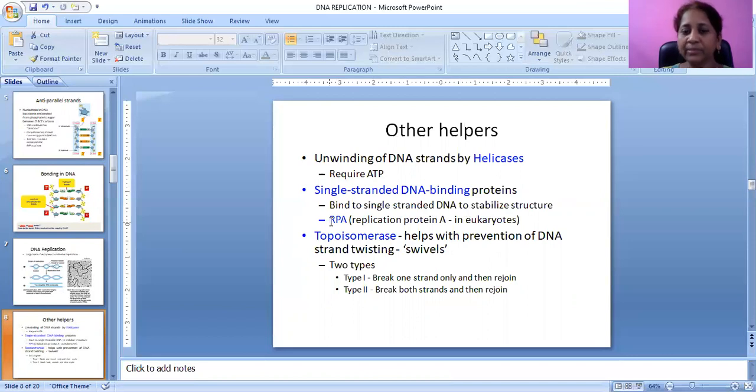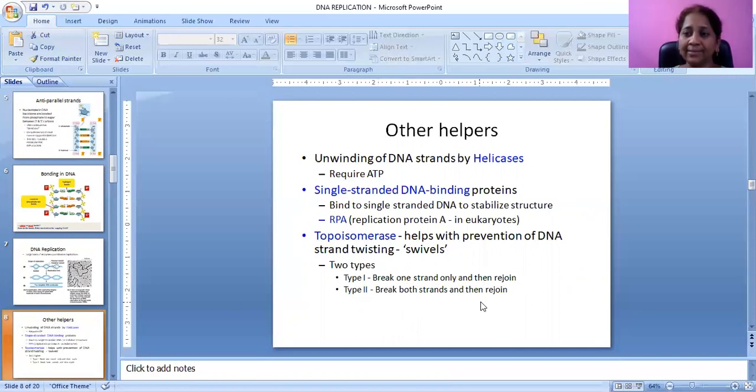In eukaryotes, it is replication protein A. Topoisomerases help prevent DNA strand twisting by acting as swivels. These topoisomerases are of two types. Type 1 breaks one strand only and then rejoins. Type 2 breaks both strands and then rejoins.